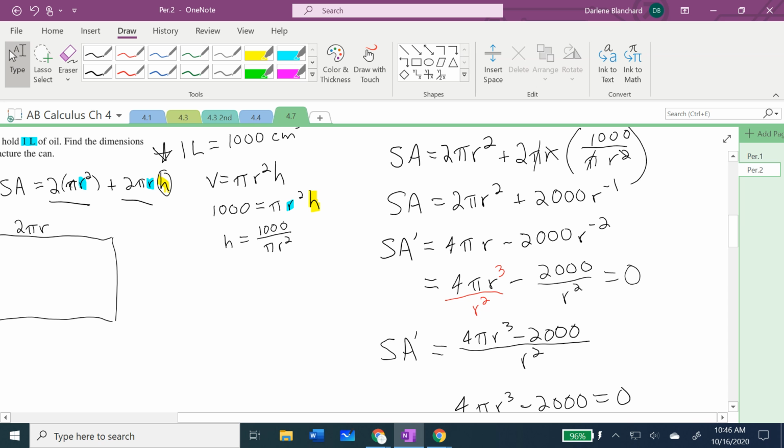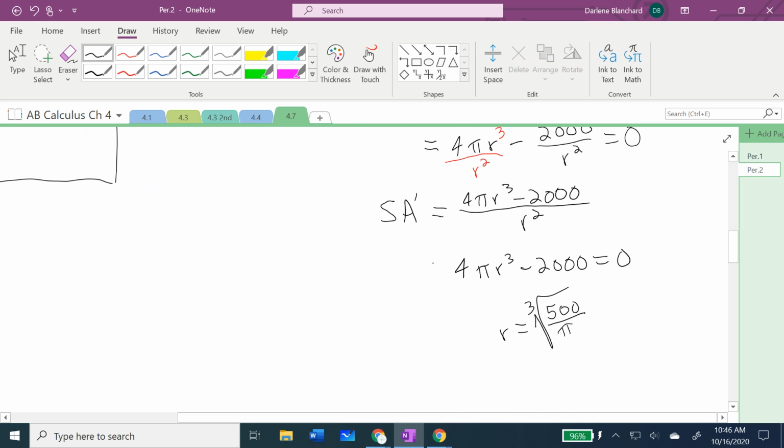I need to see that you have an equation. Yes, this is in centimeters. I need to see that you have an equation with respect to one variable. I need to see that you take its derivative, and I need to see that you solve for its critical numbers. And then I need an answer.